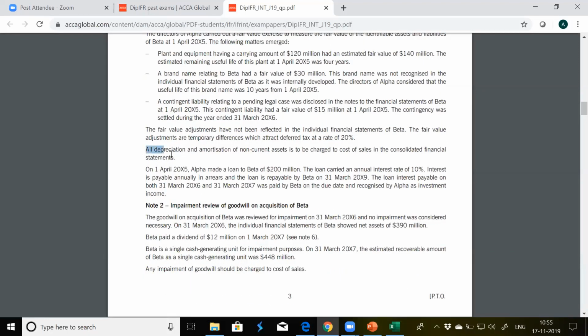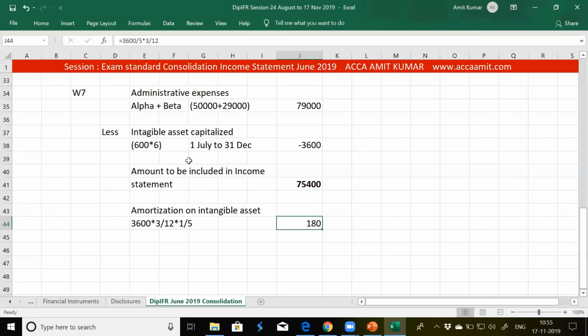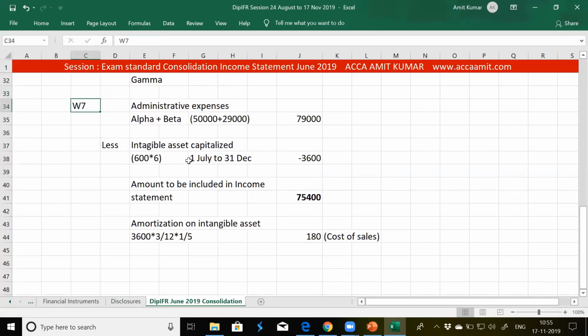All depreciation and amortization of non-current assets is to be charged to cost of sales in the consolidated financial statements. Where will we charge this 180? As part of cost of sales. So remember to include it when we are calculating the cost of sales figure. Since I was discussing this, I thought to close this note here only. Clear?